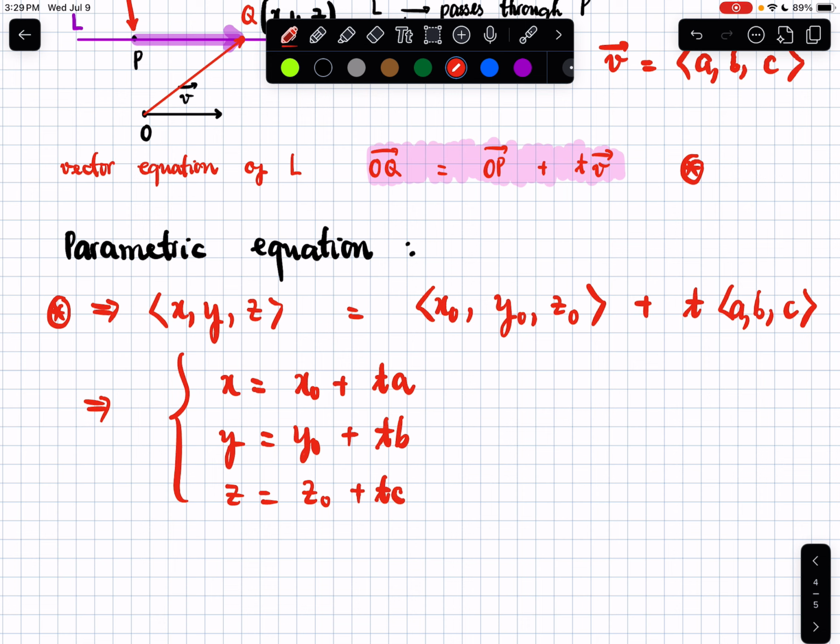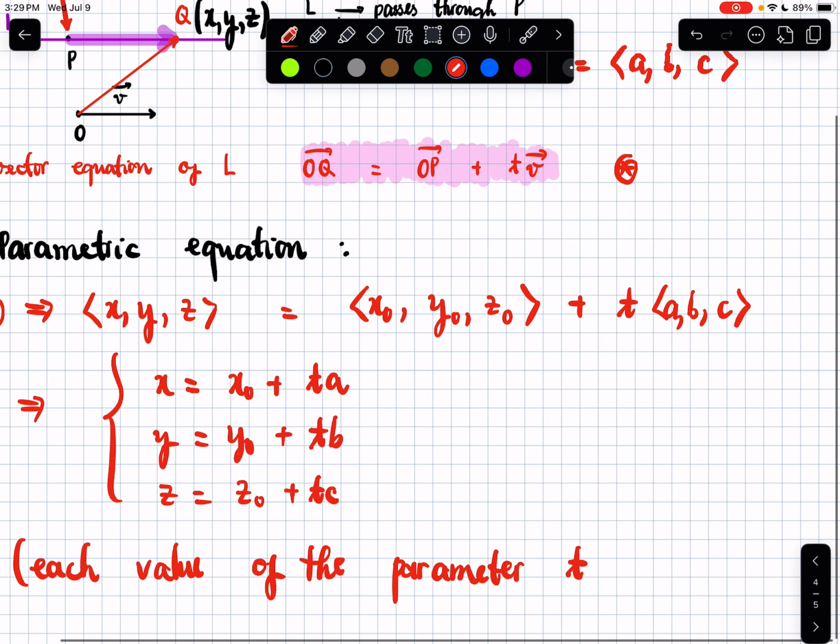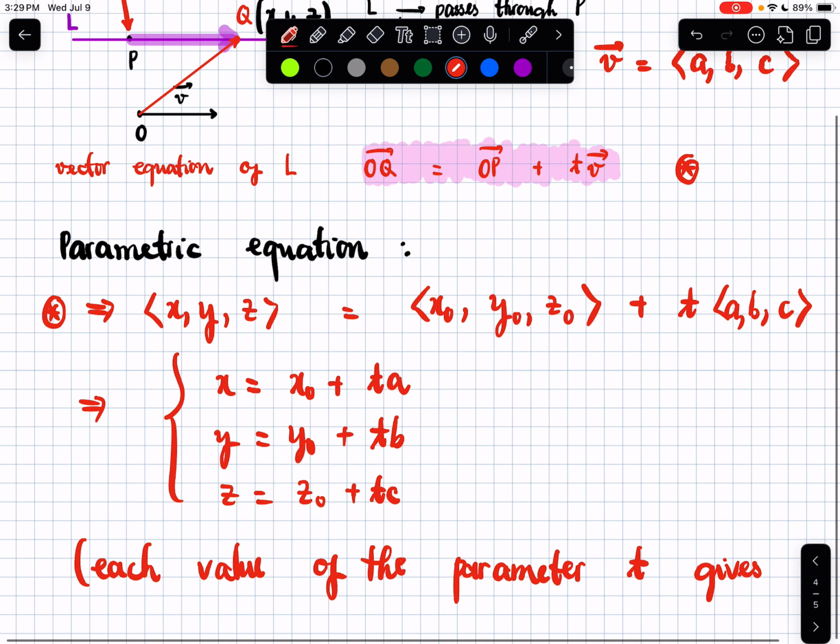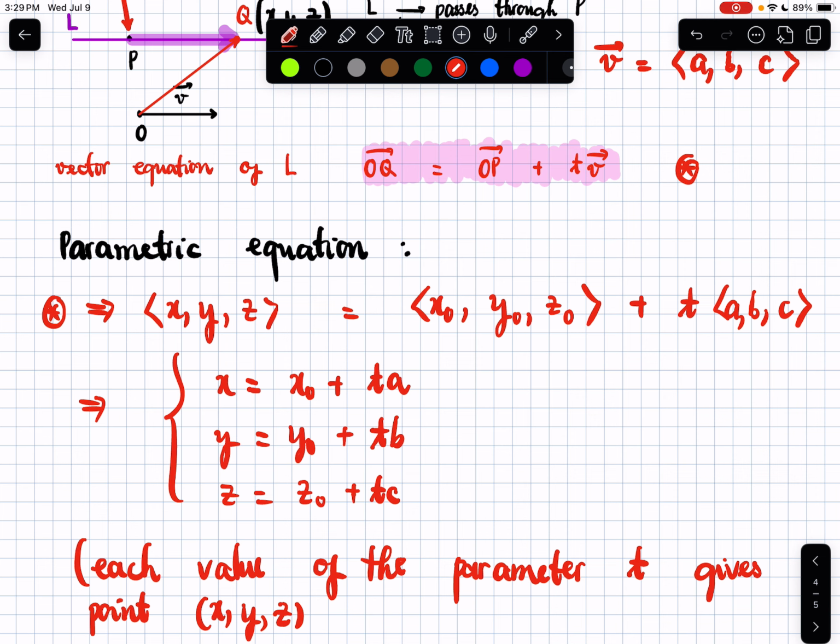So each value of the parameter t gives a point x, y, z on L.